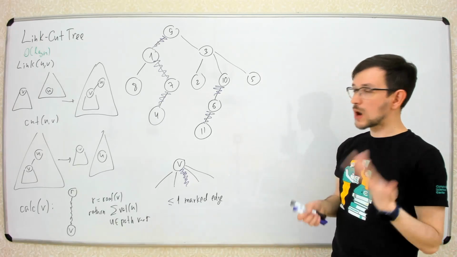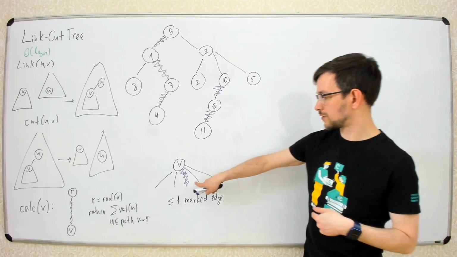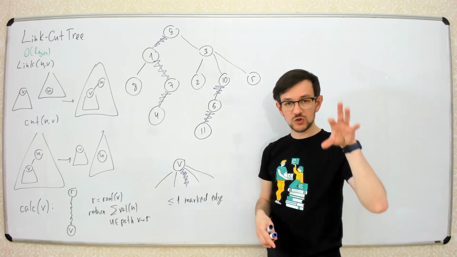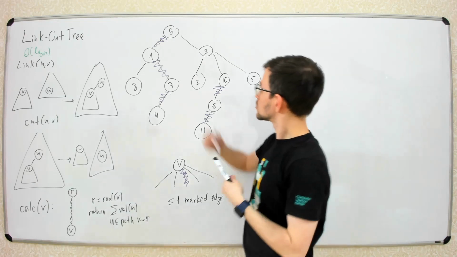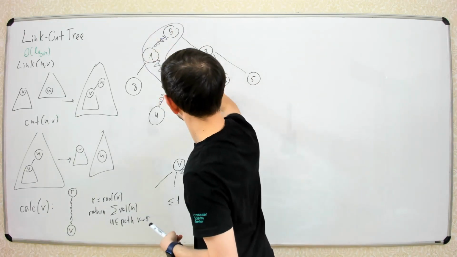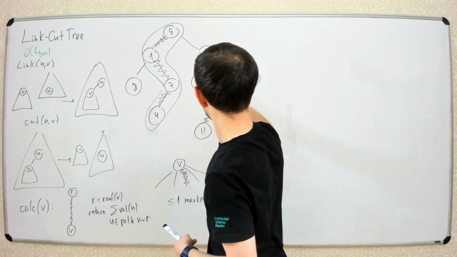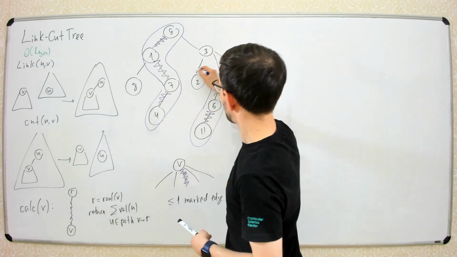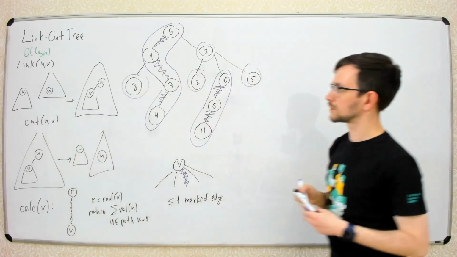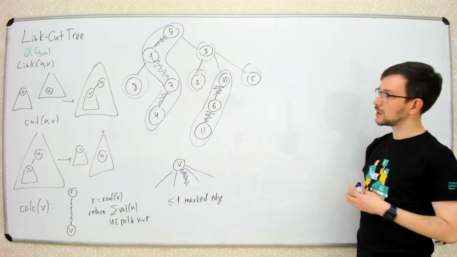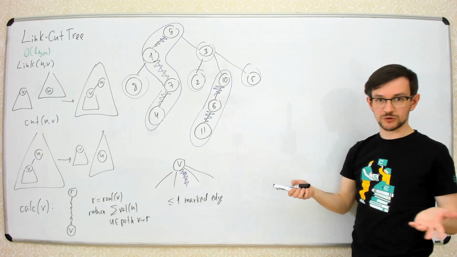Why is it a decomposition? Because if you look only at these marked edges, then your tree will be split into some paths. You have this path, this path, and these small paths of a single node.